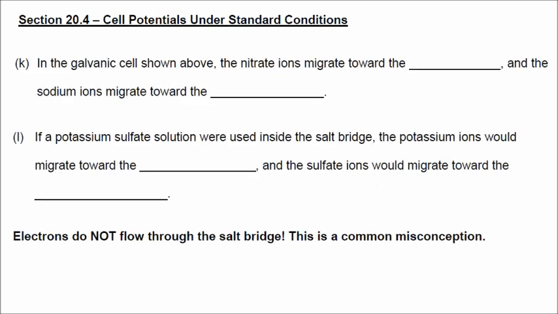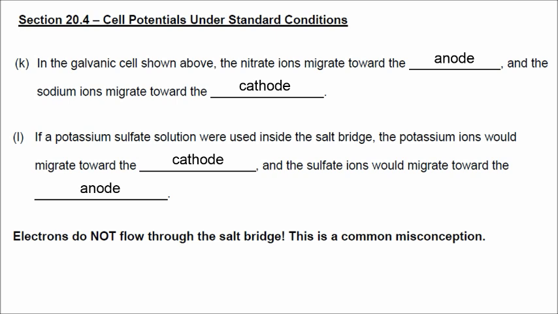In the galvanic cell, the nitrate ions in the salt bridge are going to migrate toward the anode because, again, anions go toward the anode. And the sodium ions, the cations, would go toward the cathode. Well, instead of using sodium nitrate, if we had used potassium sulfate in the salt bridge, then still the cations, the potassium ions, would go toward the cathode, and the sulfate, the anions, would go toward the anode.